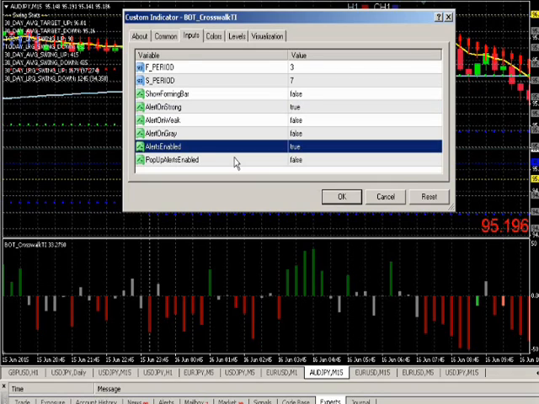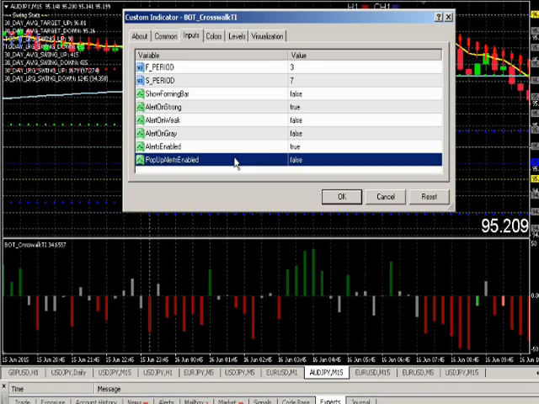You turn them on, or if you're not worried so much about the alerts and all of the audio, turn them off. You know, the BigDaddy is going to give you an alert when the crosswalk is strong at that current 15-minute candle. So you don't technically have to be listening to the alerts all the time.